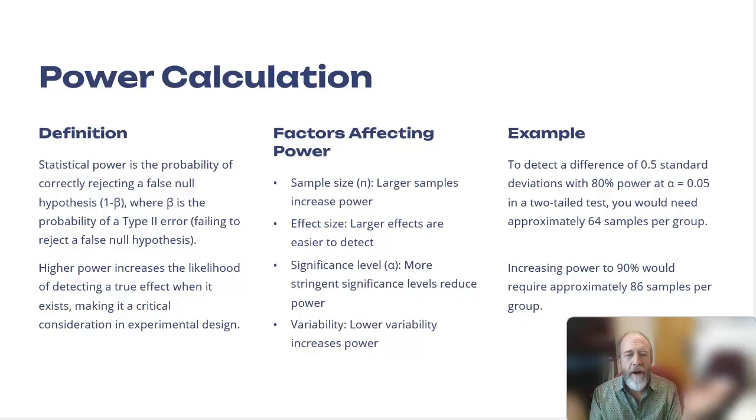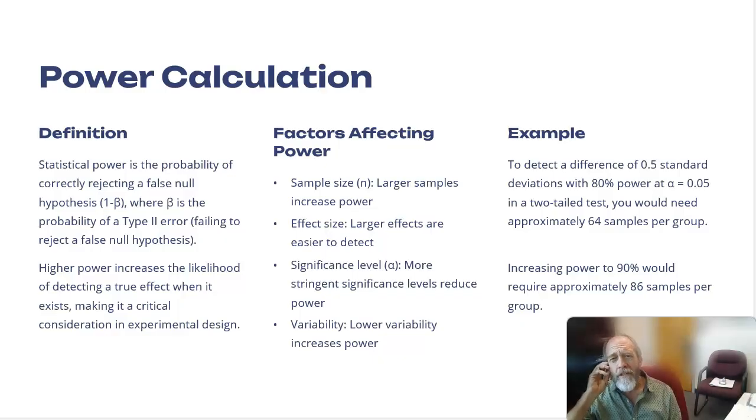Looser, you increase power. Variability: low variability increases power. So you put those together, and you've got a calculation called power. It's just a calculation. And you're going to need to know it, because at some point you're going to be asked to calculate it.